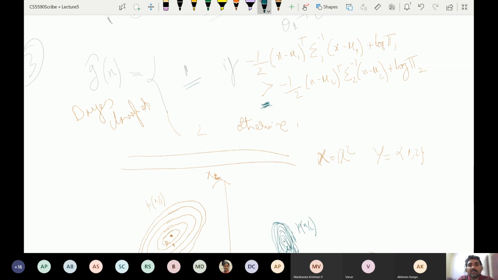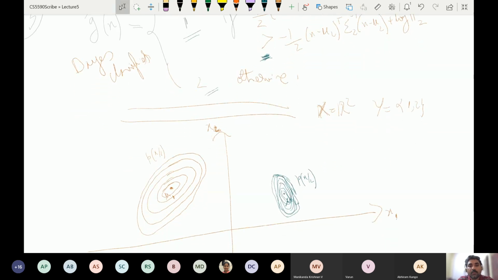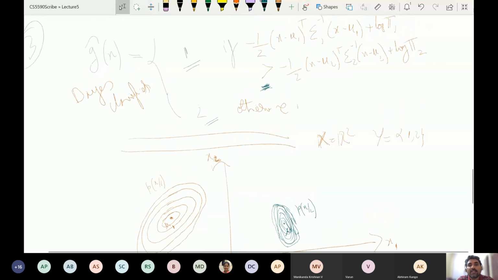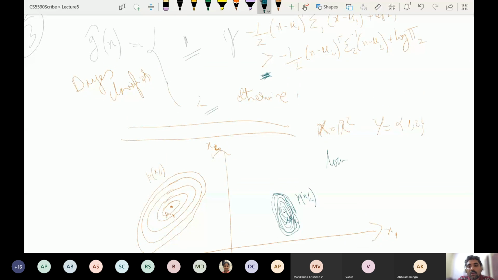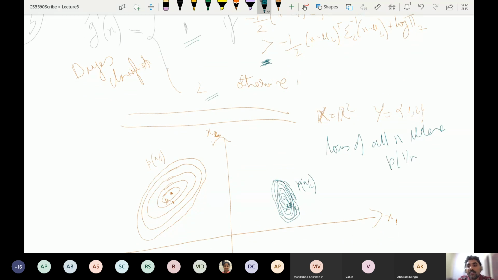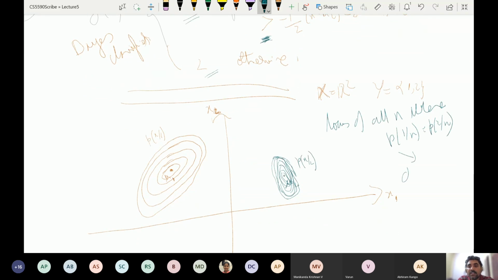All x where this is less than this, you will call it 2. So you plot the locus of all x where probability of 1 given x is equal to probability of 2 given x. That's called the discriminating surface, or classifier surface, or classification surface.